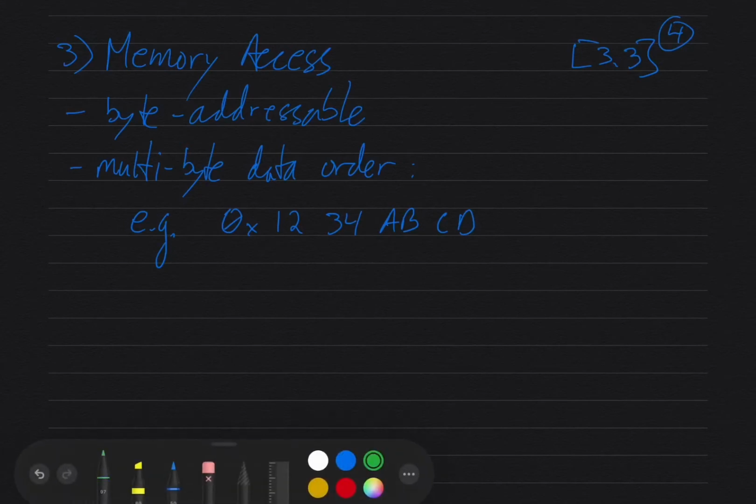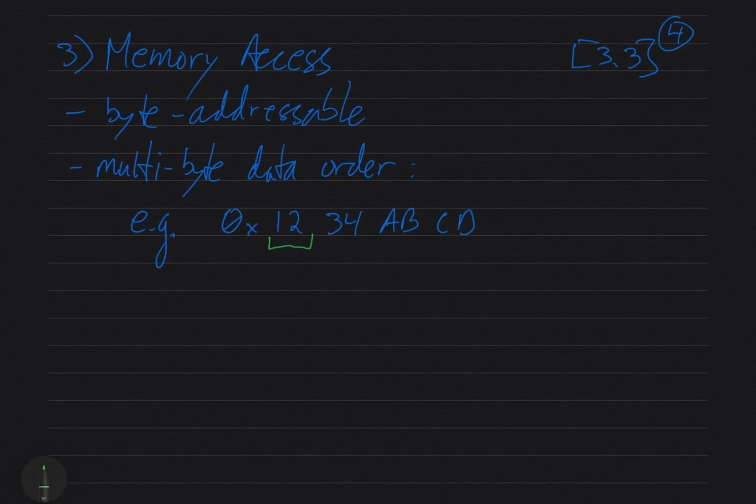And so the first byte in the number is the MSB, which stands for most significant byte, and the last byte is the least significant byte.